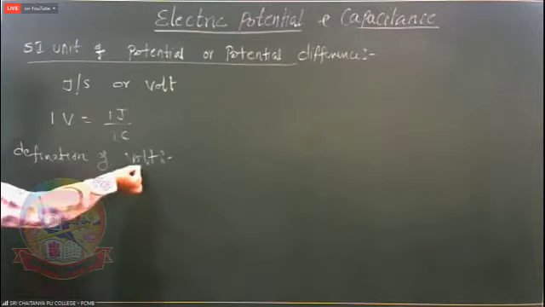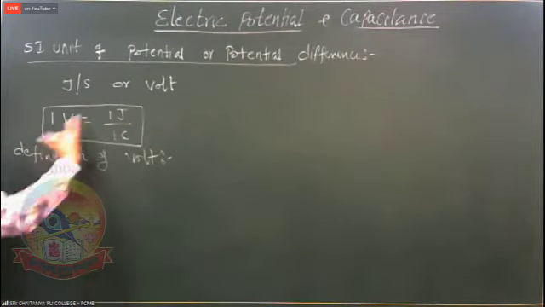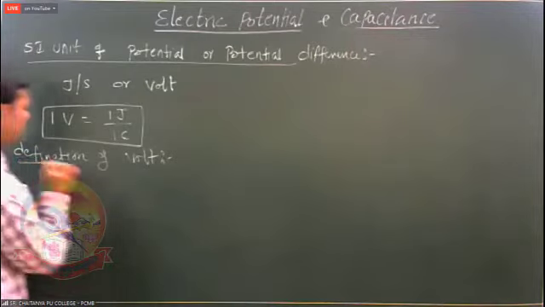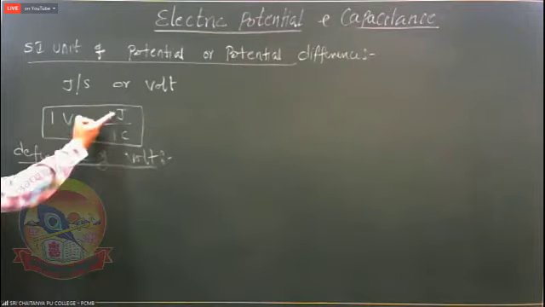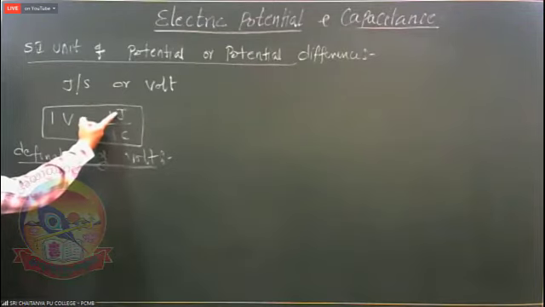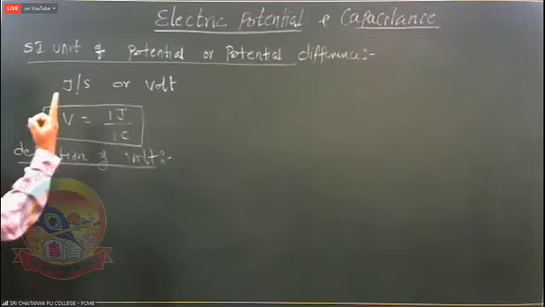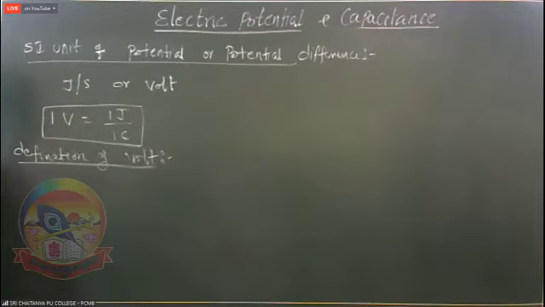See, from the formula, 1 volt is equal to 1 joule per 1 coulomb. So how to define it? How much is the work done? 1 joule. To bring how much charge? 1 coulomb. From where to where? From infinity to a point in the field.